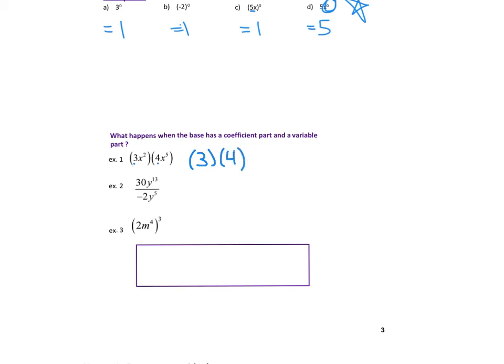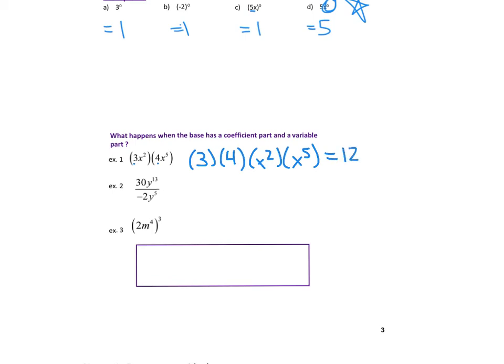Then our exponents are x to the 2 and x to the 5. Do they have the same base? Yes, so we can do some work. What's 3 times 4? 12.